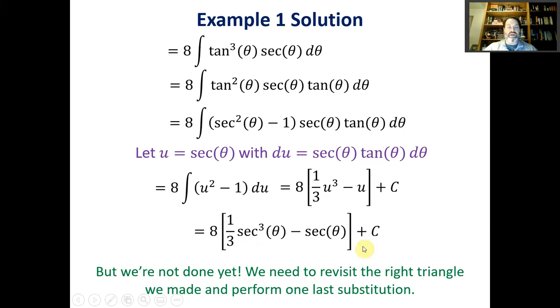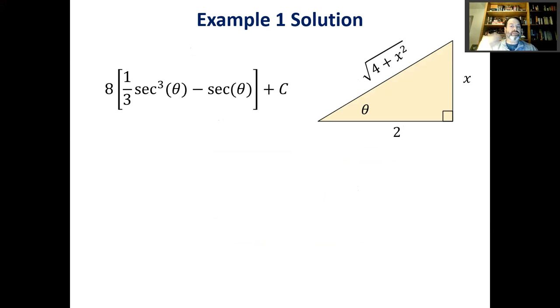Now it's secant theta, which is hypotenuse over adjacent. So if you don't figure out the length of the hypotenuse, you can't finish these problems. Luckily, we know the length of the hypotenuse. We computed it. So anytime I see a secant, I'm going to replace it with hypotenuse over adjacent.